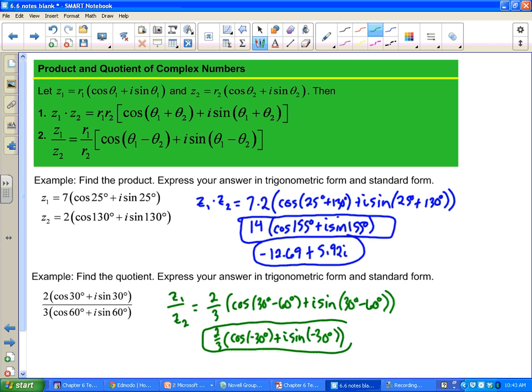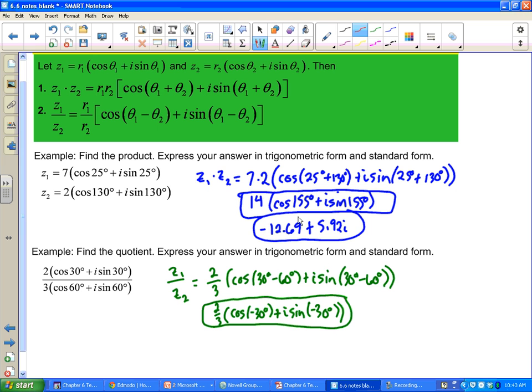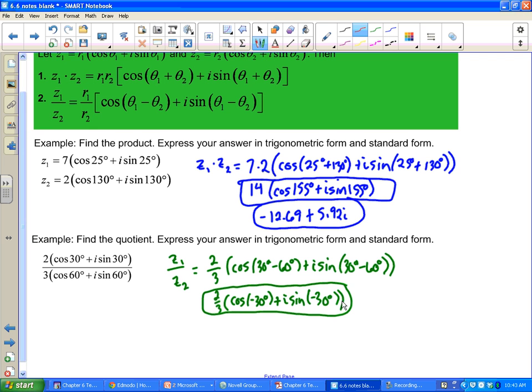It asks us to also put it in standard form, and so to put this in standard form, we would want to look at the unit circle because 30 degrees is on the unit circle. In the first example we didn't have unit circle values, so we used the calculator. This one we do have unit circle values, so we're going to use our unit circle. The cosine of negative 30 would be square root of 3 over 2. I'm going to distribute the 2/3 after I figure out these values.